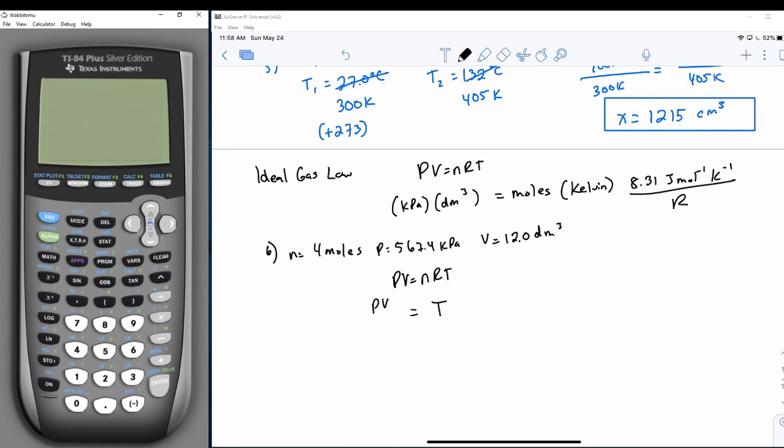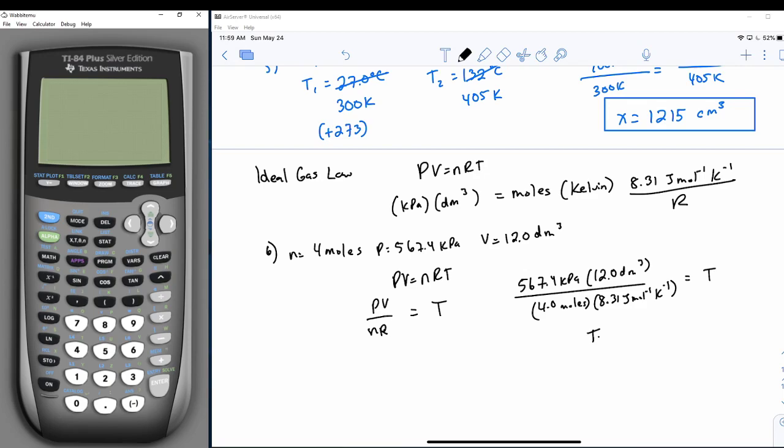T will equal PV over nR. So then that is 567.4 kilopascals times 12.0 decimeters cubed over 4.0 moles times 8.31 joules per mole Kelvin. And that equals our temperature.